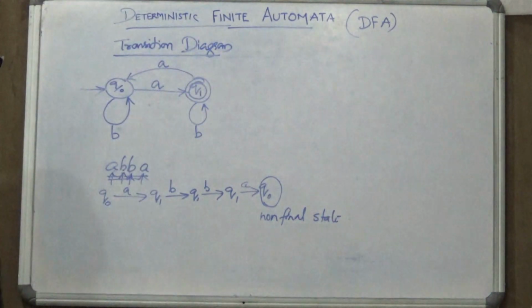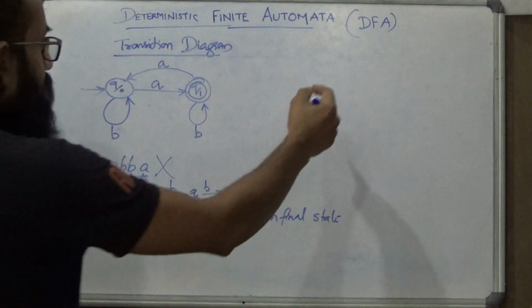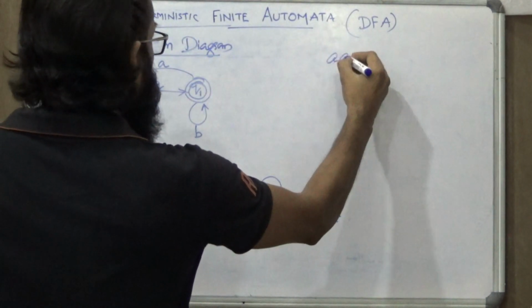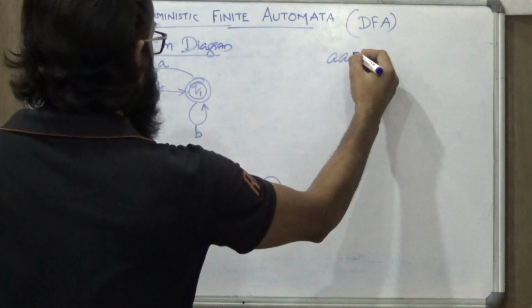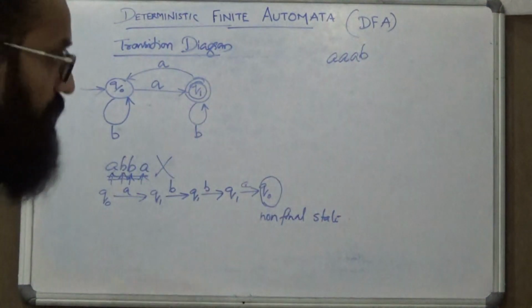So this string is rejected by this machine. This string is said to be an invalid string. Now let the input string be A, B. Let us see what happens for this input string.